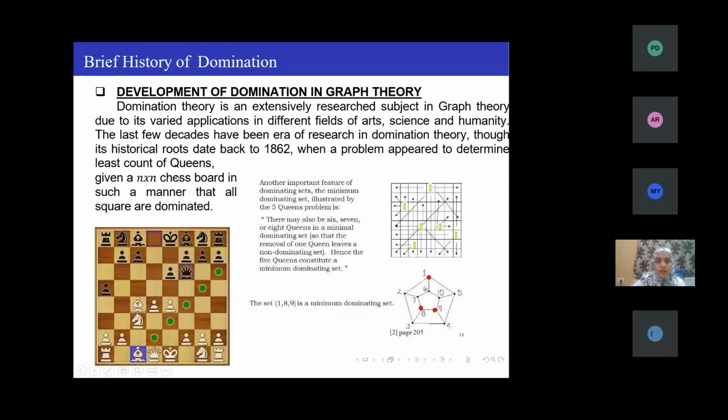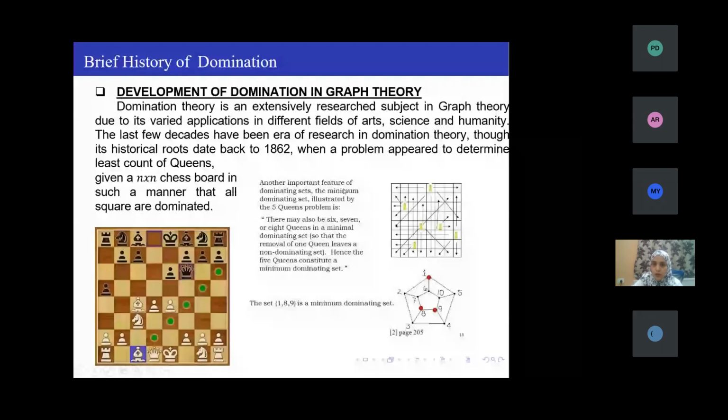A problem appeared to determine the least count of queens on an n cross n chessboard so that all squares are dominated. Seeing this chessboard, we can easily make out which piece dominates more squares and which can attack the other pieces.